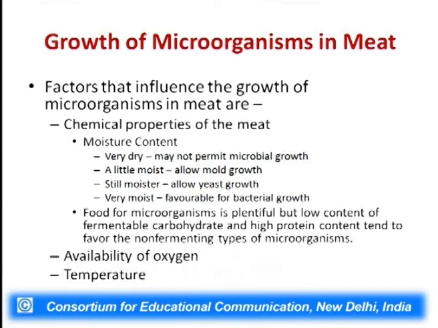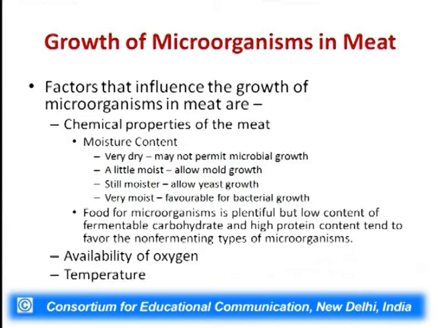Food for microorganisms is also plentiful, but low content of fermentable carbohydrate and high protein content tend to favor the non-fermenting types of microorganisms. Availability of oxygen and temperature of storage are also important for the growth of microorganisms.